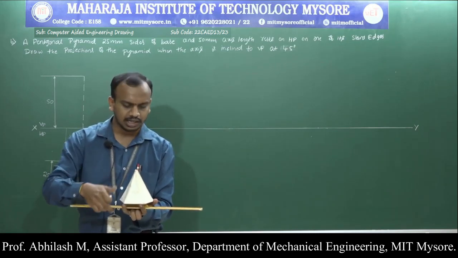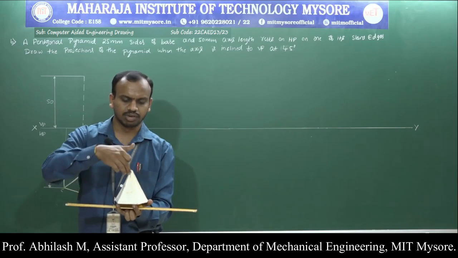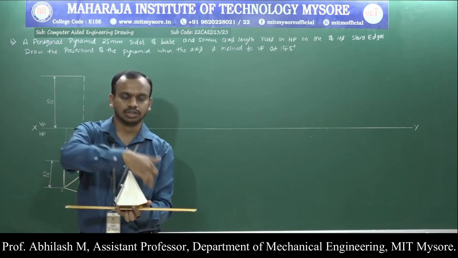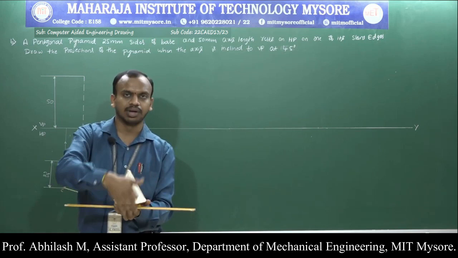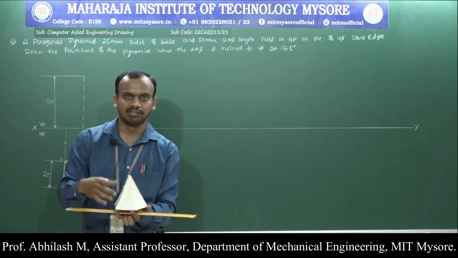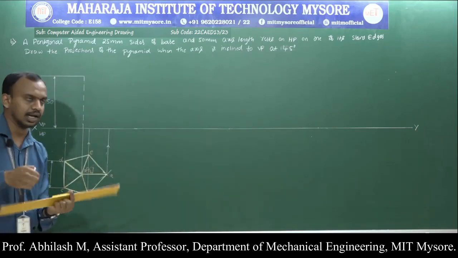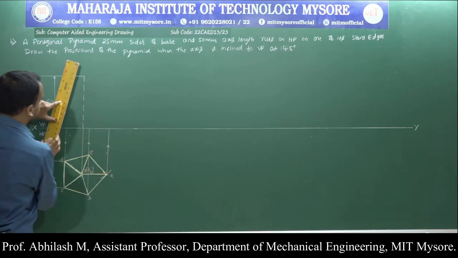Now, if I consider the pentagonal pyramid and rest it on one of the slant edges, you can clearly see that this slant edge is clearly visible from the front view, even from this end and this end. So all the corners appearing from the front position, connecting to the apex, are clearly visible. So we are supposed to join those edges completely with a thick line.